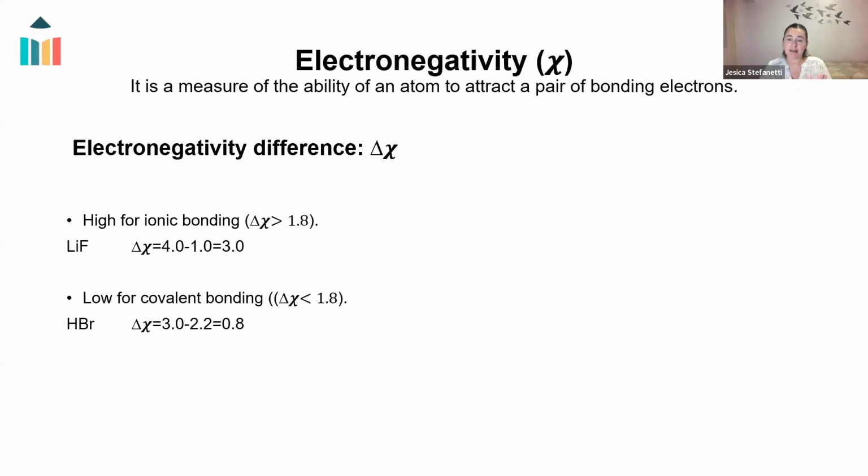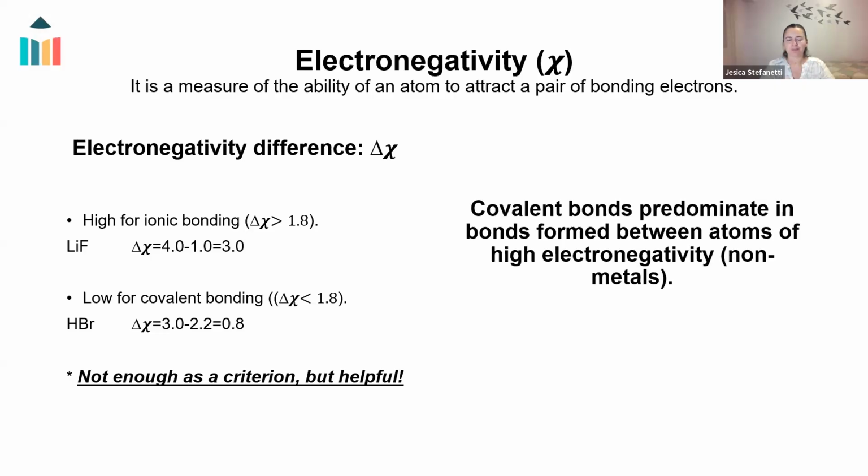This is something general. Keep in mind that we can see here 2 examples, lithium fluoride and hydrogen bromide. These are just 2 examples, but sometimes the electronegativity difference might not be enough. We'll see later on, there are some other aspects to take into account. Anyway, it might not be enough, but it's very helpful.